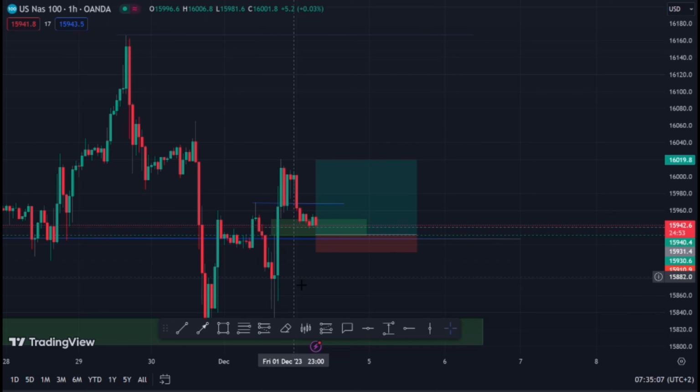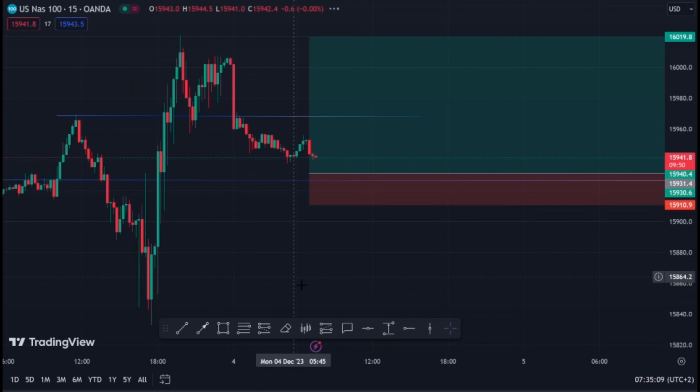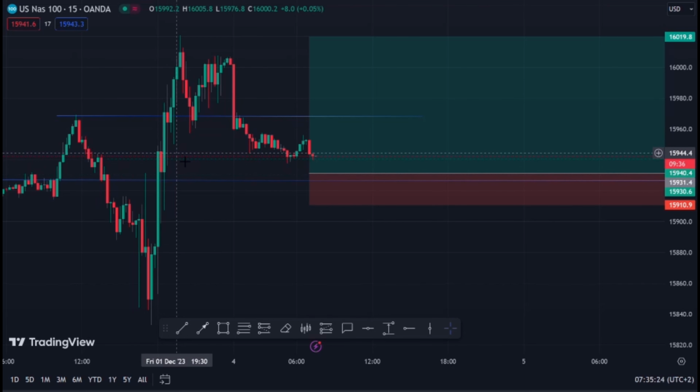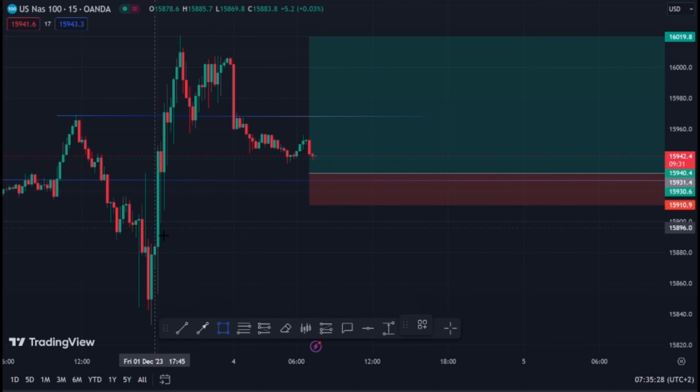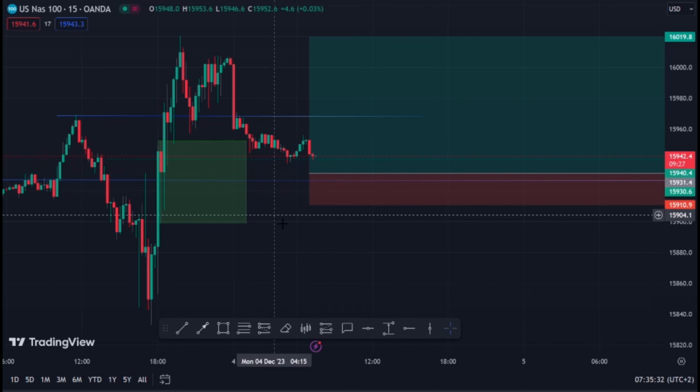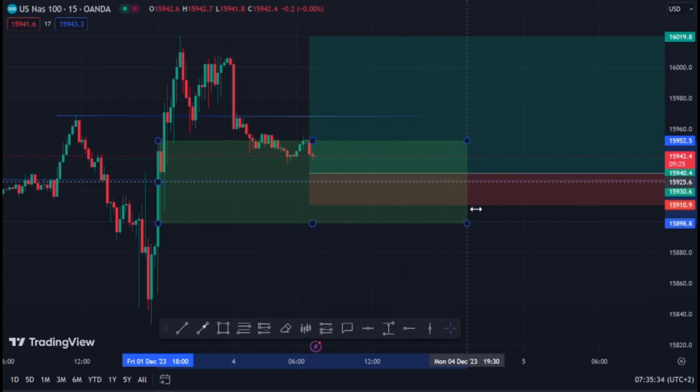Then let's go to the lower time frame to understand what we're looking at exactly in this area. So if you look at it, here we have an order block. Where I want to take my entry is beneath the body of the order block, the liquidity under it. And let's find the consequent encroachment of this order block. If you can find the consequent encroachment of this order block too, you'll see magic.